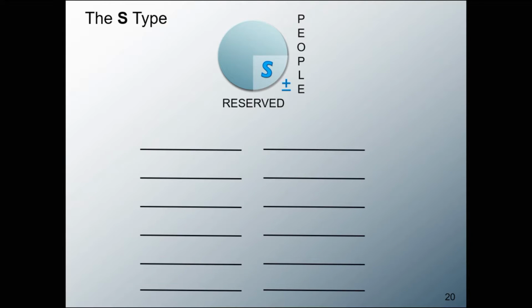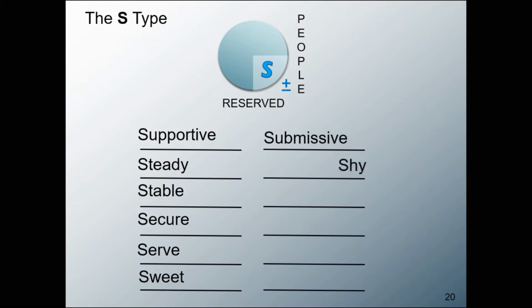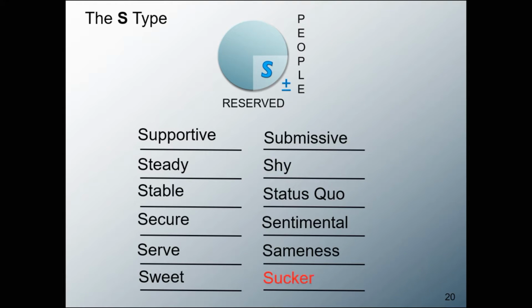Let's go towards the S type personality. So the S, the blue, represents the calm of the water. Plus and minus represent the peace, the calm, the everything is okay. They are supportive people.